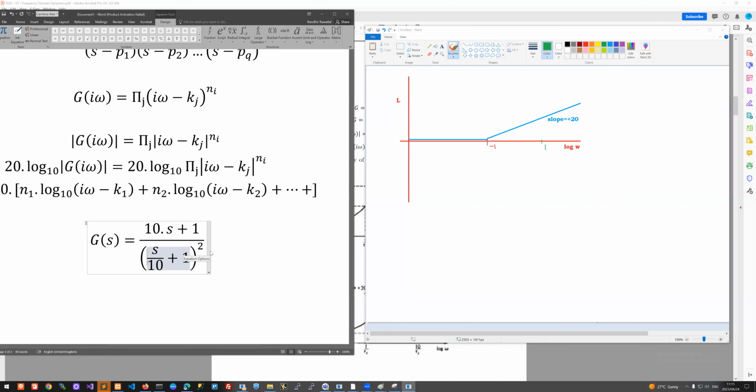So in other words, we could rewrite this as S/10 + 1 times S/10 + 1, right? Because it's squared. So we can say then that the sum of those 2 is going to give me a slope not of 20, but of 40. So -40 will be the slope I'll get then. So if I were to plot this, I'll start out at 0.